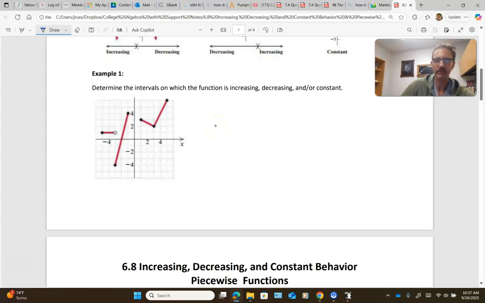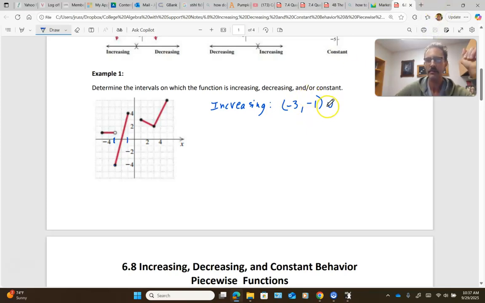This is arbitrary, but I always like to start with increasing. So where is the function going uphill? In 2 places, this piece right here, and then this piece over here. This piece starts down here at this point, but that x-coordinate is -3, and it stops increasing at this point, whose x-coordinate is -1. So we say that from -3 to -1, the function is increasing. I'm going to use the union operator.